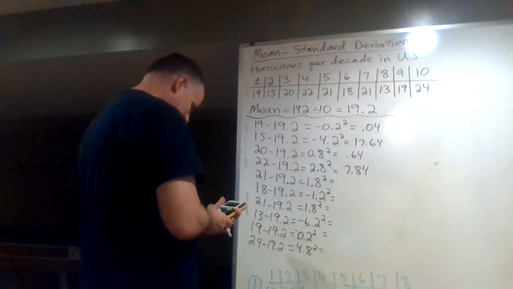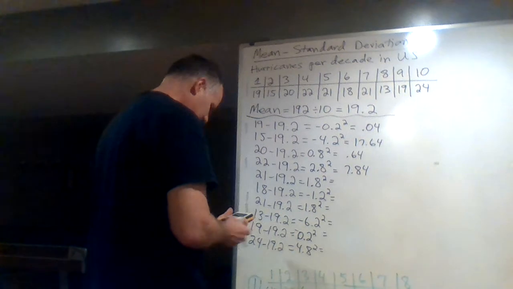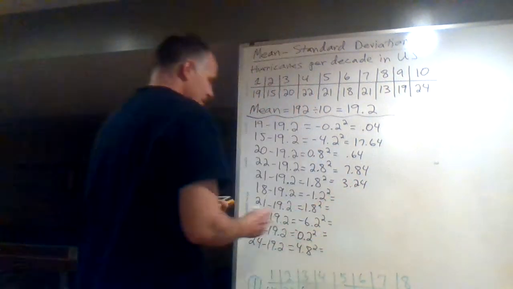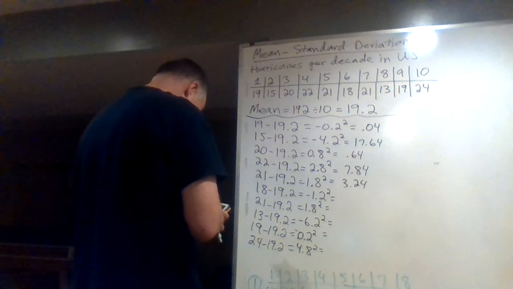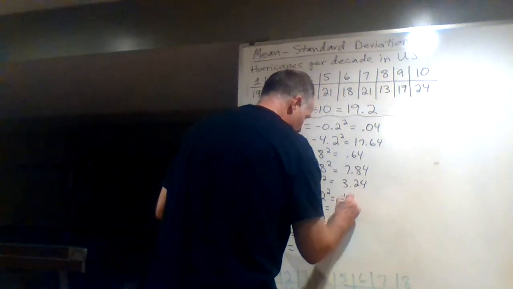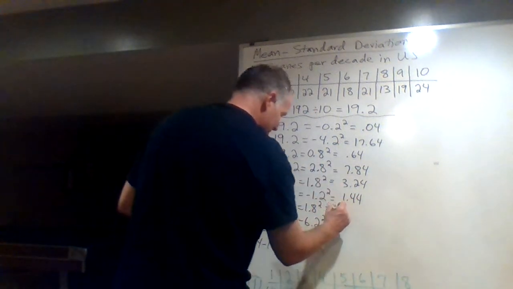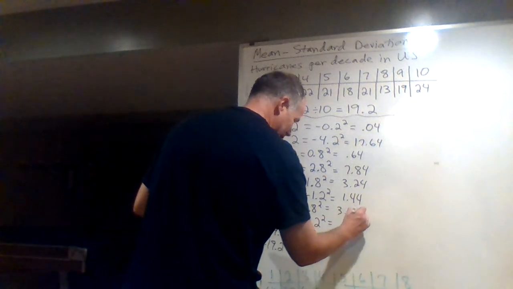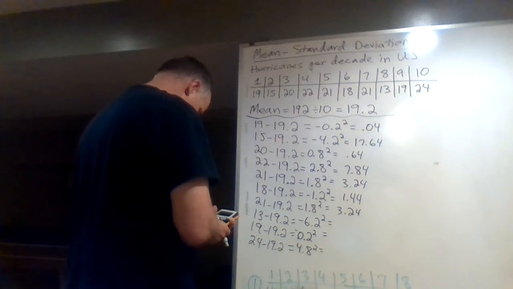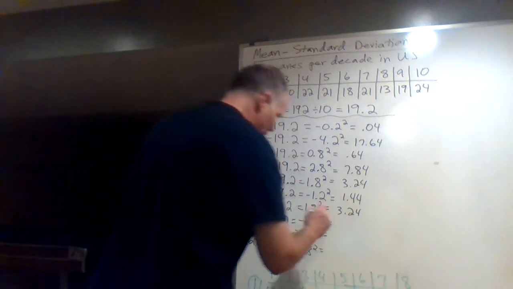1.8 squared, 3.24. Negative 1.2 squared, 1.44. 1.8 squared we already did, so that's 3.24. Negative 6.2 squared, make sure it's in parentheses, 38.44.